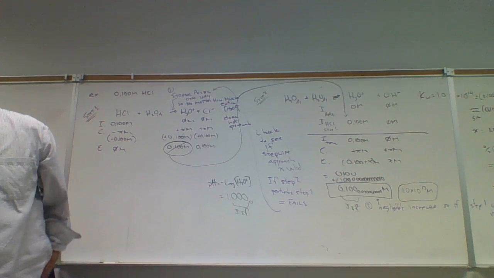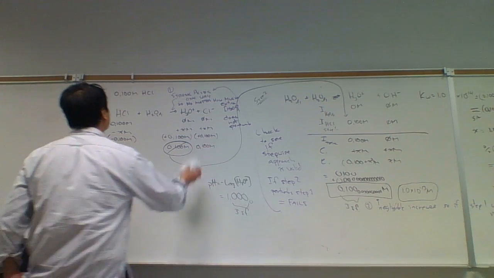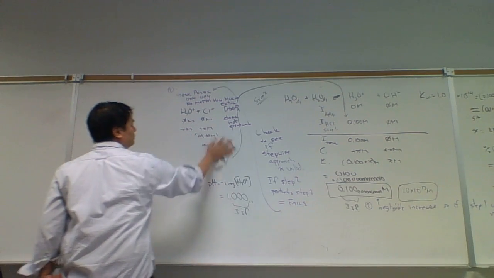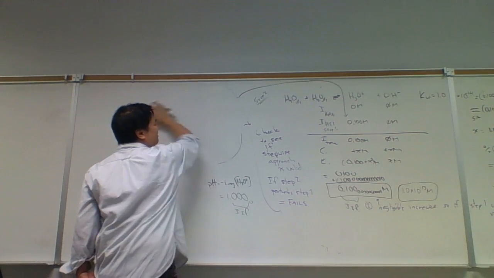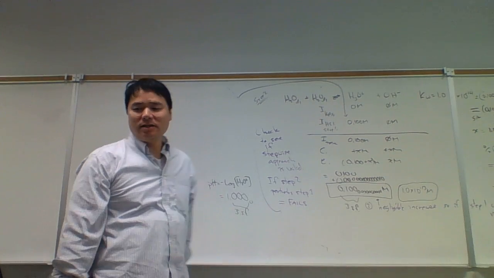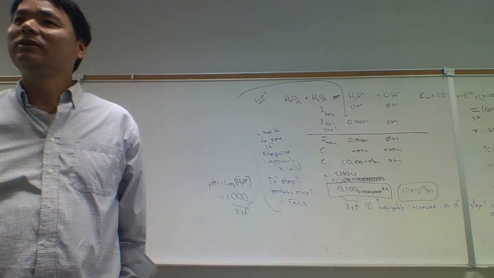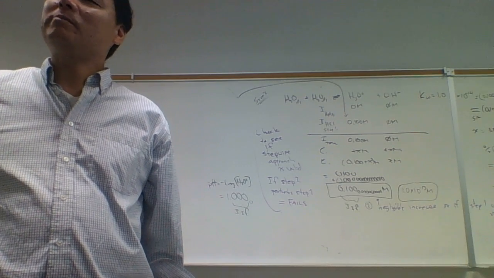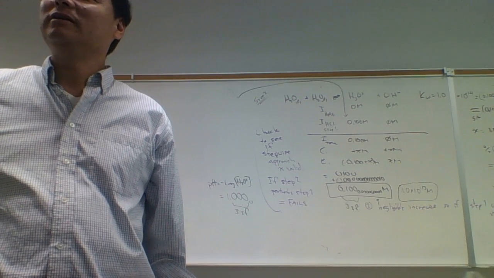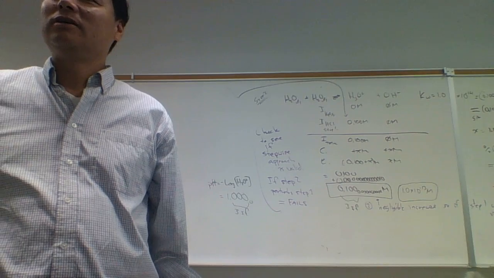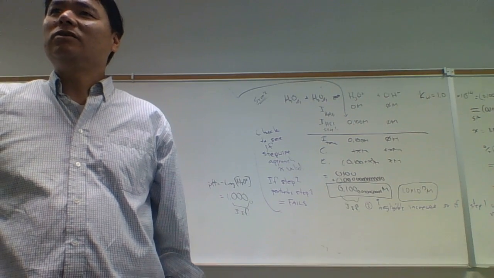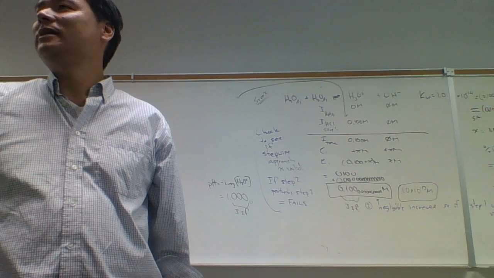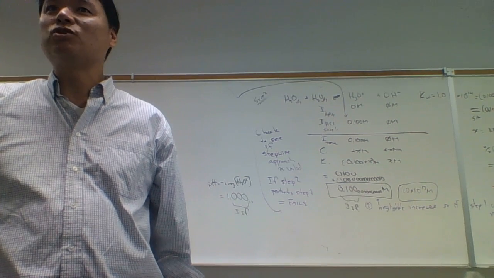I'm going to give you another problem now. You know, in fact, did you guys do pH calculations in intro chem? When you did pH calculations in intro chem, do you ever remember solving for KW? No, you probably just figured 0.100 molar HCl is going to give you 0.100 molar hydronium.